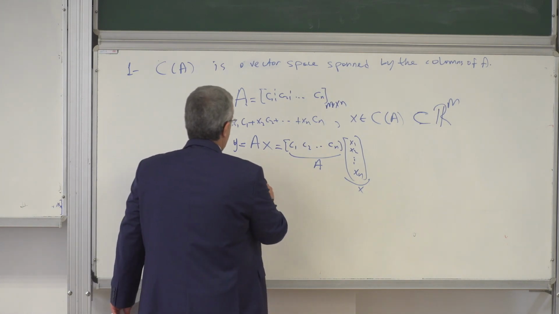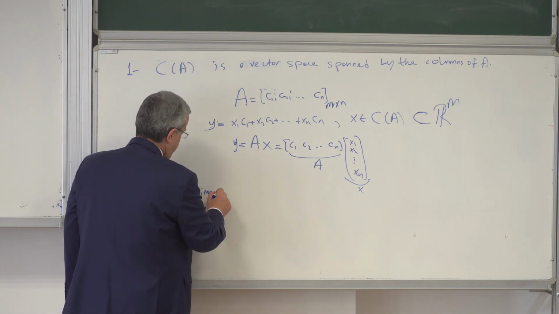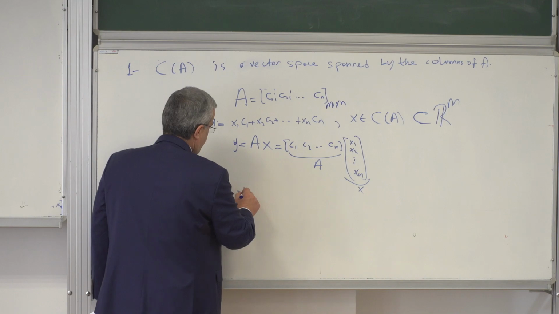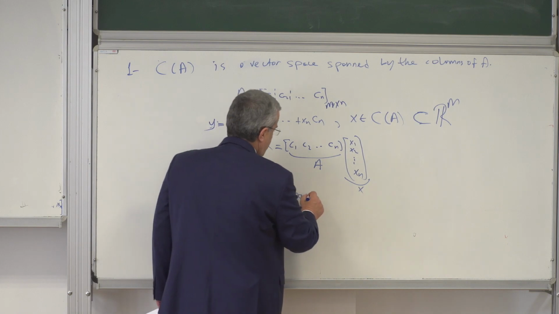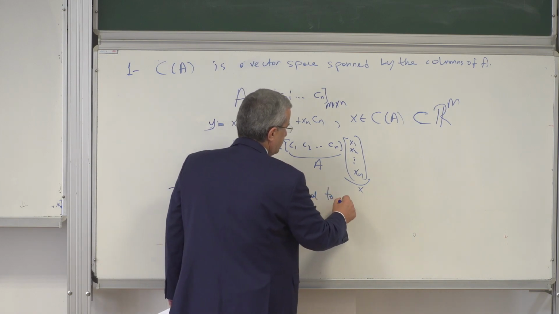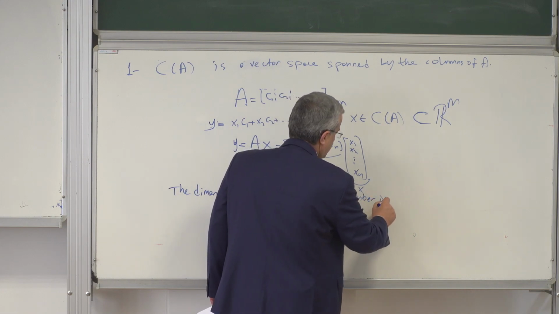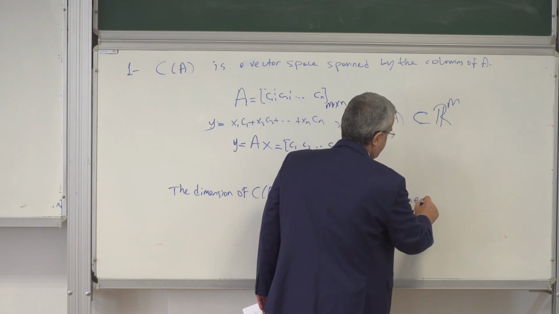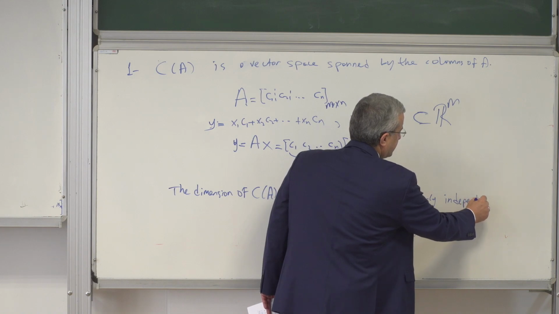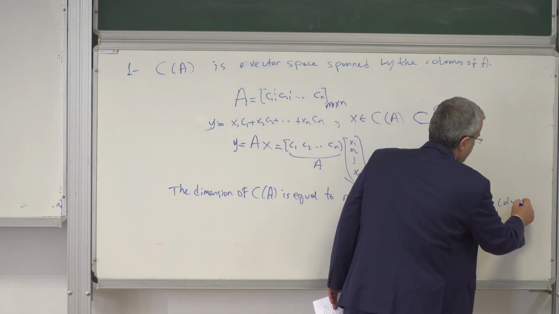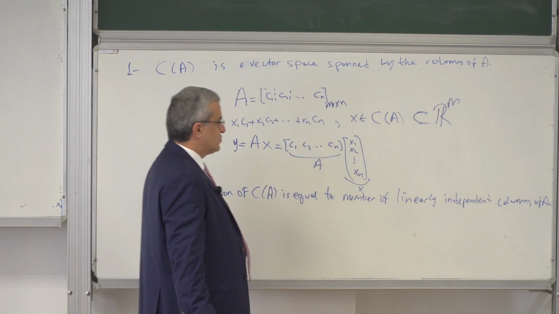So this multiplication corresponds to taking a linear combination of the columns of A, and you get this, okay? So what is the dimension of this column space of A? What would that be? It would be the number of linearly independent columns of A, right? So the dimension of CA is equal to the number of linearly independent columns of A. Okay? So what is that, by the way?